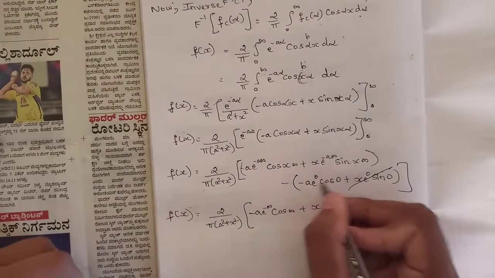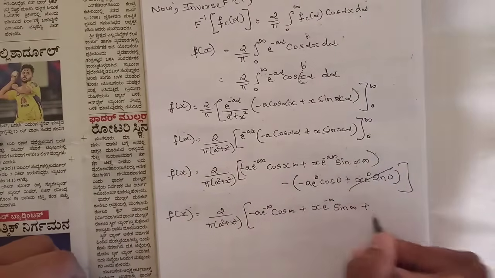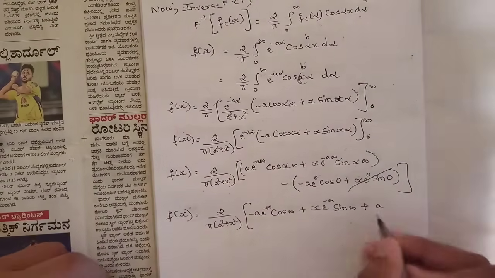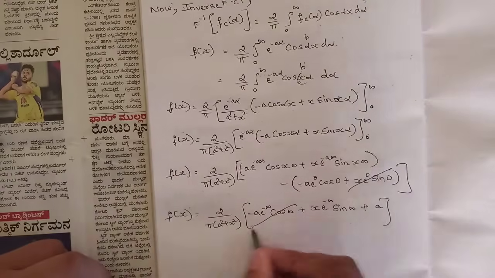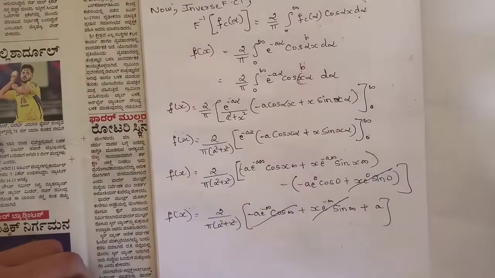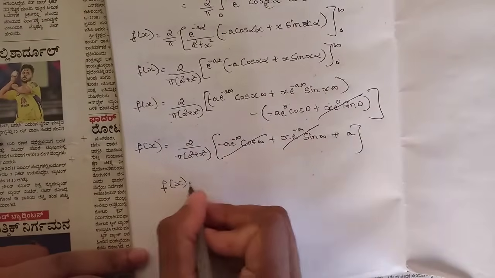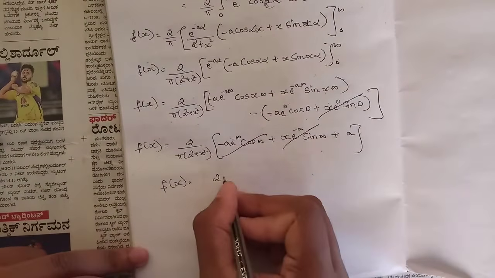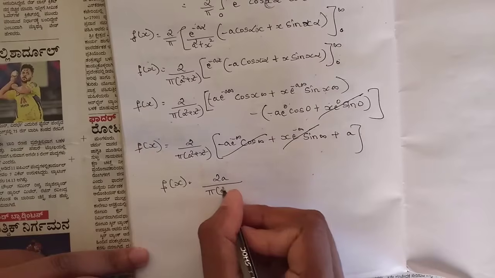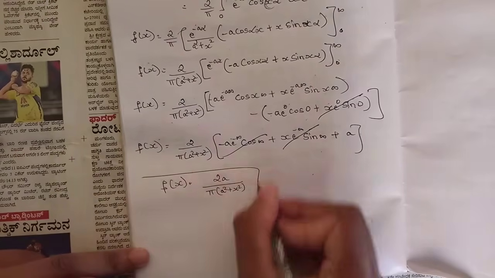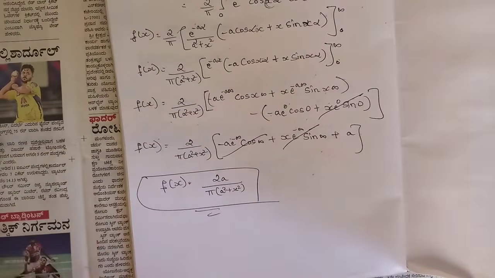E power 0 is 1 and cos 0 is also 1, minus into minus is plus, so a will remain. Again we can cancel these two terms since e power minus infinity is equal to 0. So the final answer which we get is 2a divided by pi into a square plus x square. This is your final answer.